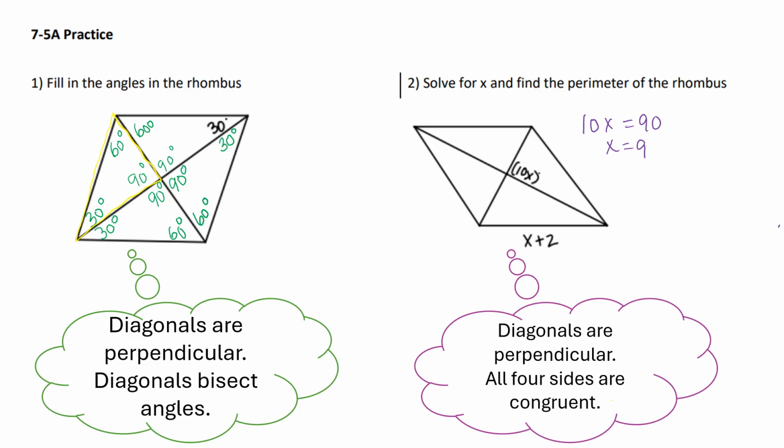So if x is 9, x plus 2 would have to be 9 plus 2, or 11. And since all four sides are congruent, I know that the perimeter is going to be 4 times 11, or 44.